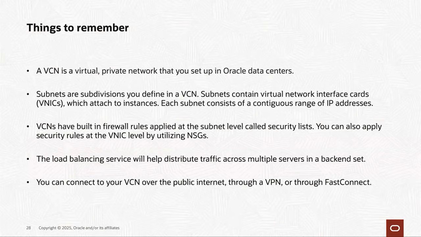And then you can also set up your security rules at the VNIC level, which provides you more granular control over your security posture. To do this, you would leverage network security groups or NSGs. Load balancing will help you distribute traffic across multiple servers in a backend set. And you can also connect to your VCN over the public internet through a VPN or through FastConnect.